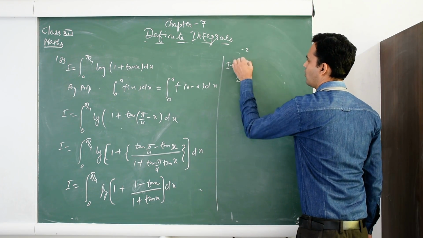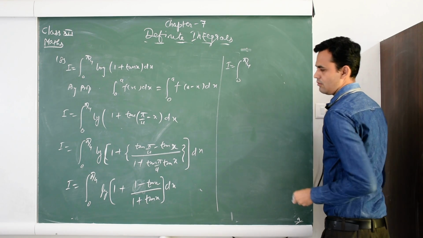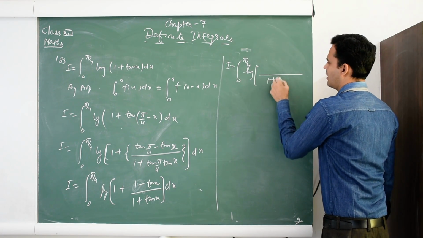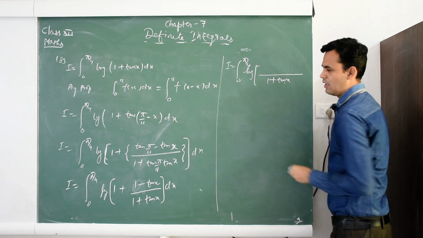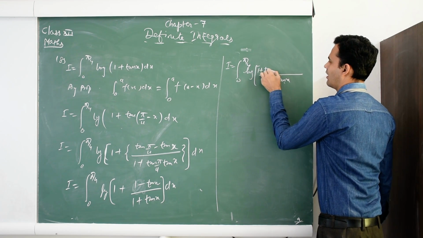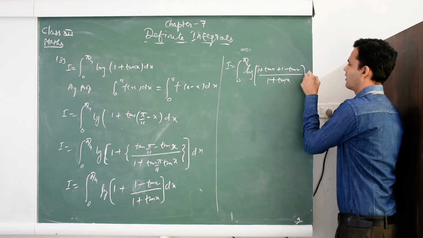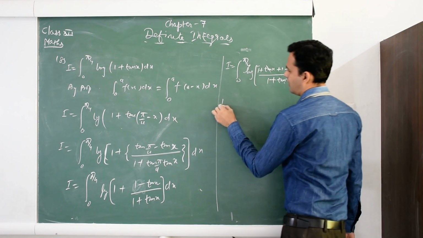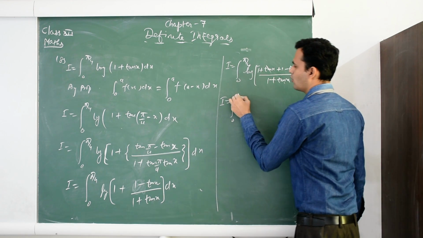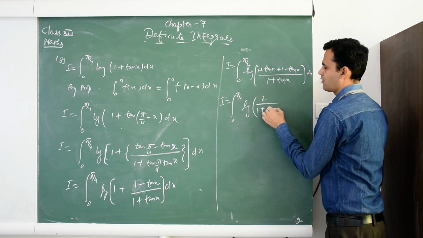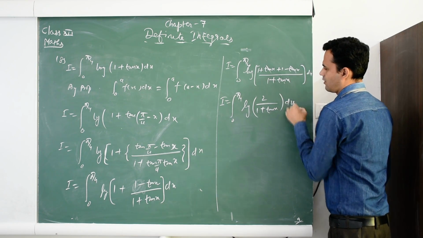I equals integral 0 to pi by 4 of log((1 plus tan x plus 1 minus tan x) upon (1 plus tan x)) dx. These two cancel. So we get integral 0 to pi by 4 of log(2 upon (1 plus tan x)) dx.